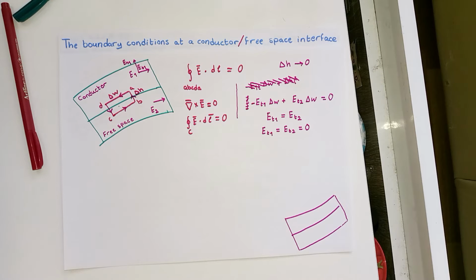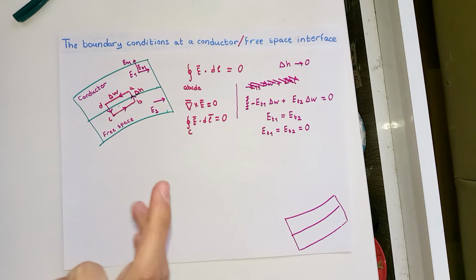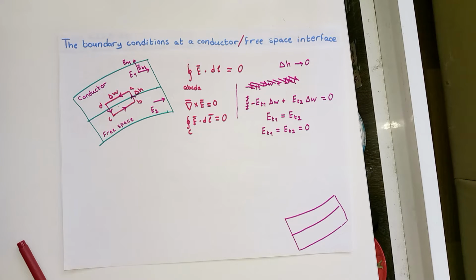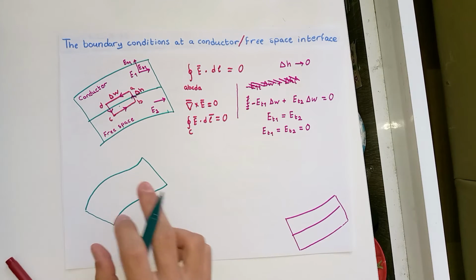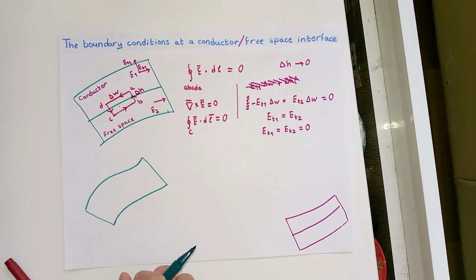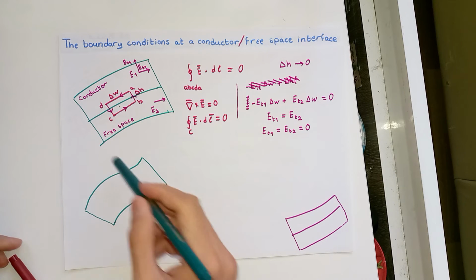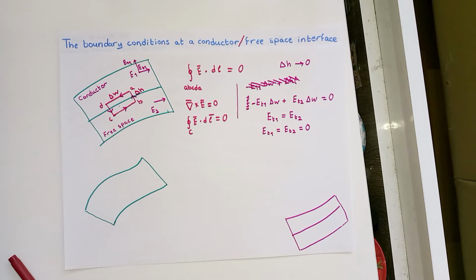Now let's find the normal components of the electric field at the interface. And for this, I'm not going to take the side view like this. I'm going to take a top view. This arbitrary surface is the interface between the conductor and the free space. Let's say that above this interface we have a conductor, and below it we have free space.